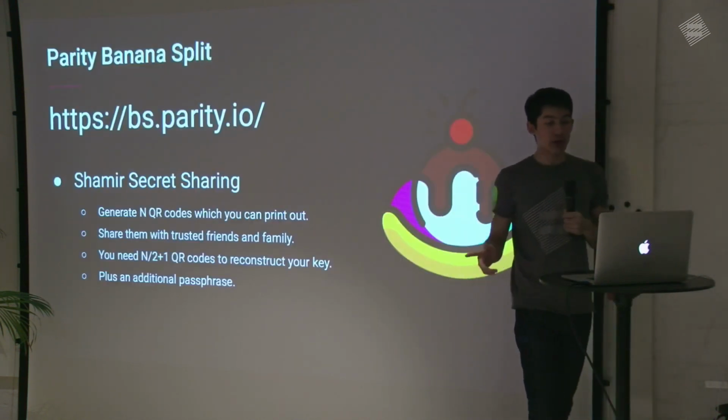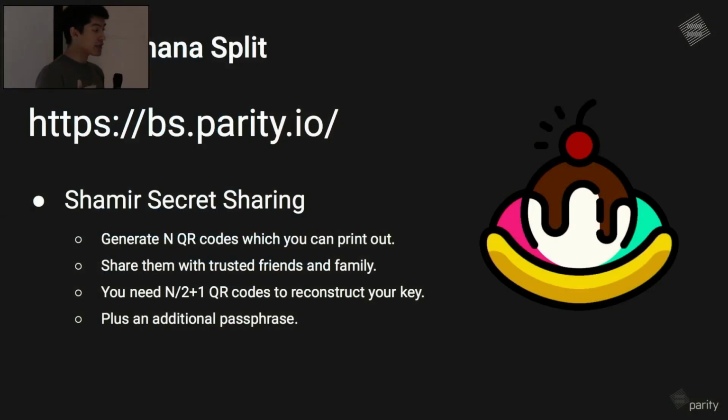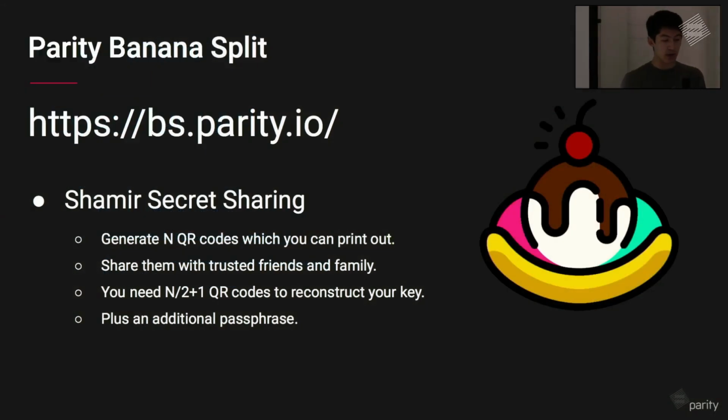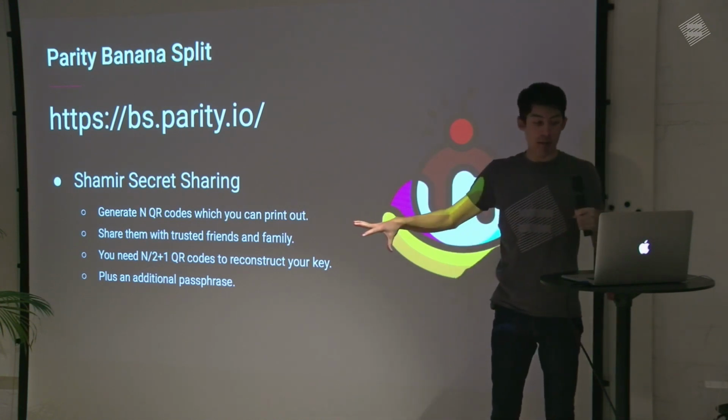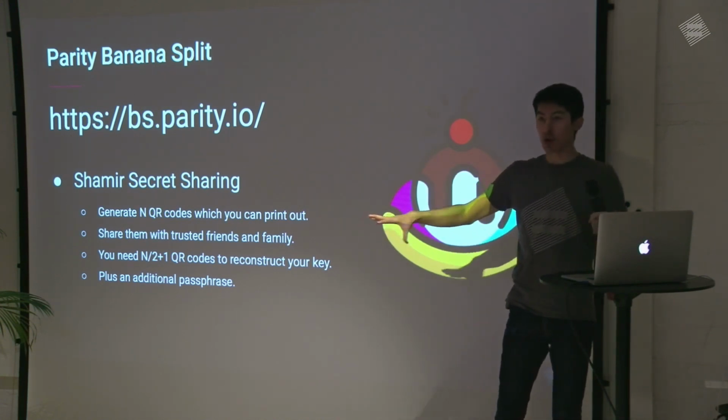One more thing I wanted to note: this recovery palette is included in your Substrate blockchain, but there are also other similar ways that you can protect your keys. Another project that our head of security, Kirill, had been working on is called Parity Banana Split. It basically allows you to take your private key and use Shamir secret sharing, which takes that private information and splits it among a number of different QR codes and papers.